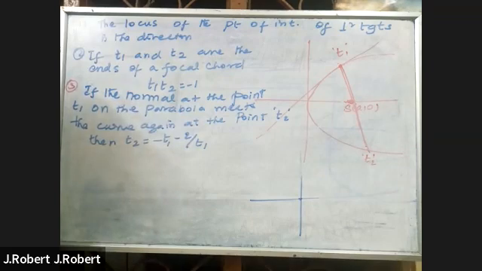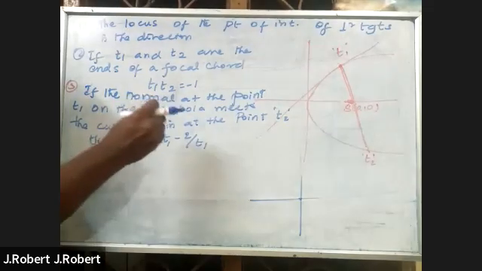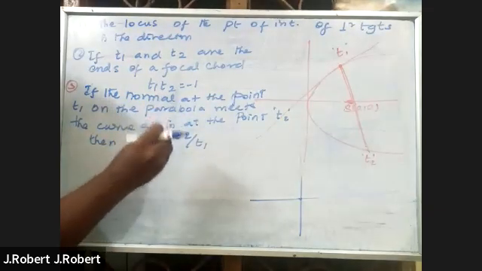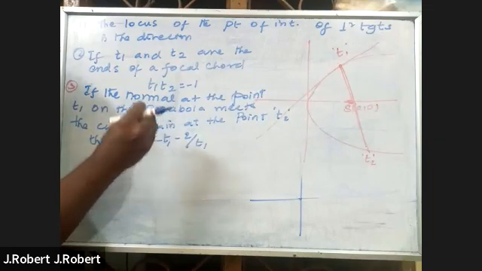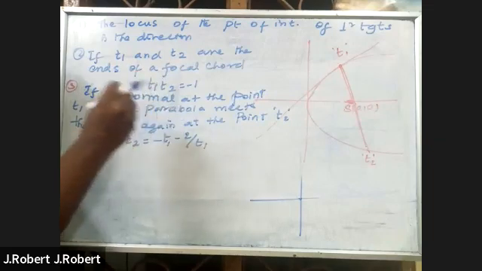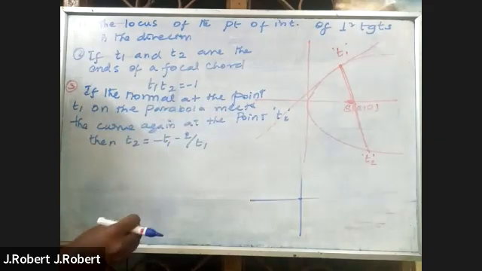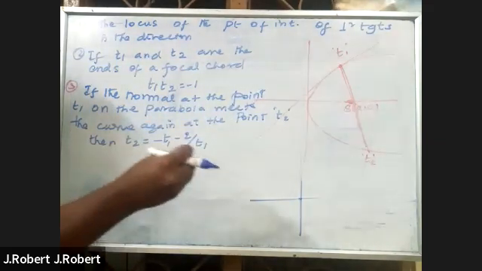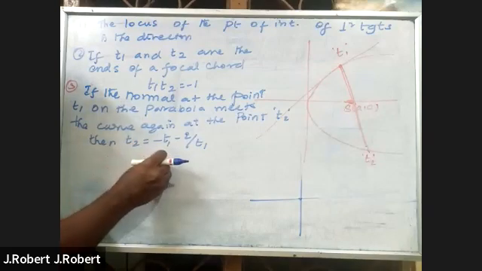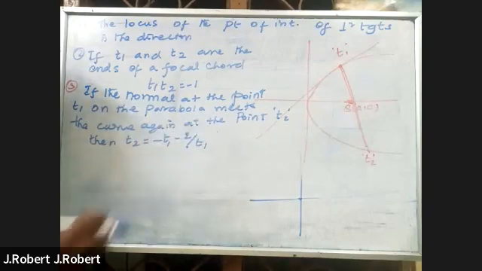Those who are studying in TNHSC, the Tamil Nadu State Board, in your curriculum we have this derivation. We have the problem to prove that if the normal at the point T1 on the parabola meets the curve again at the point T2, the condition is T2 is equal to minus T1 minus 2 by T1.